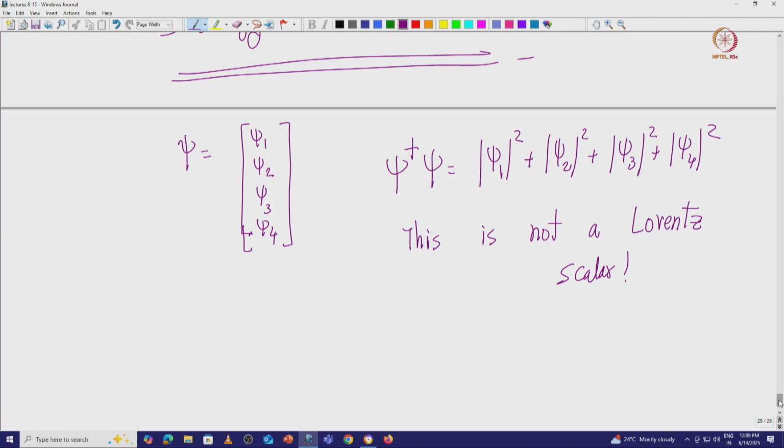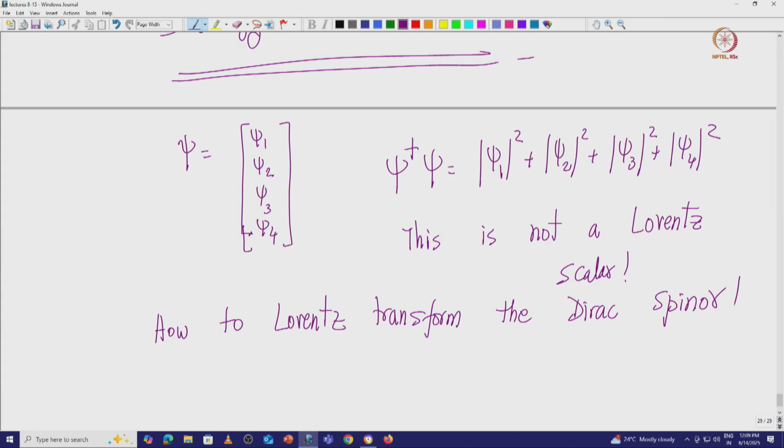There is a homework problem associated with why this is not a Lorentz scalar, but we will also start, maybe a bit later in this class, on how to do Lorentz transformations on Dirac spinors.